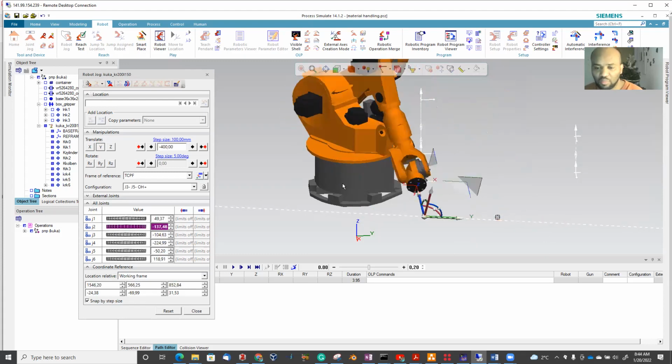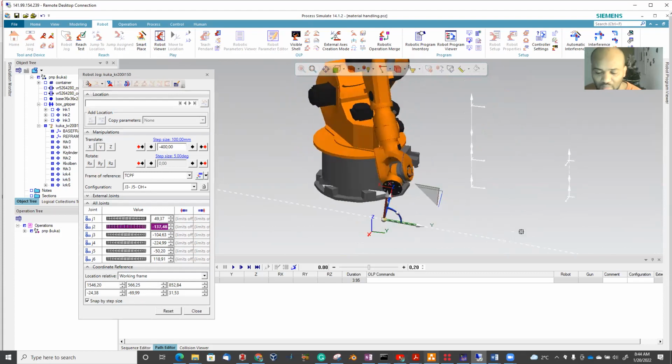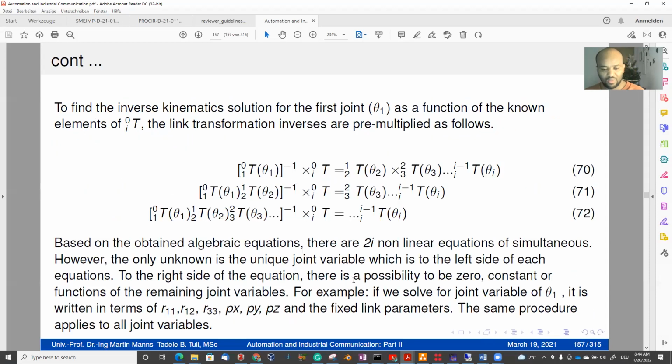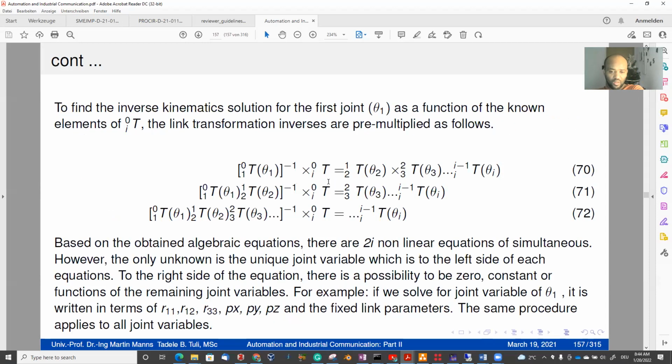But this is manipulated by the inverse kinematics. So here it is doing some mathematics, which is called inverse kinematics. In the case of inverse kinematics, the robot is, for example, calculating the inverse of θ1 from this.